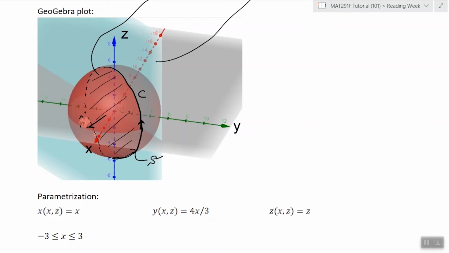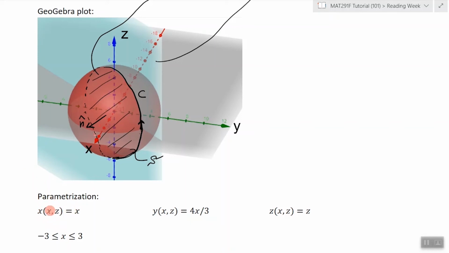My first attempt was actually different. I tried to parameterize it the way I would parameterize a circle, with the distance from the center and some sort of an angle. But maybe it's easier to just parameterize it in terms of x and z.